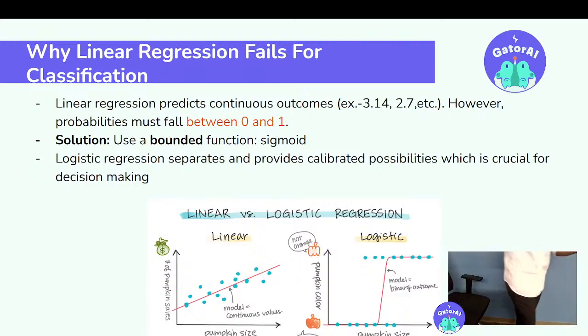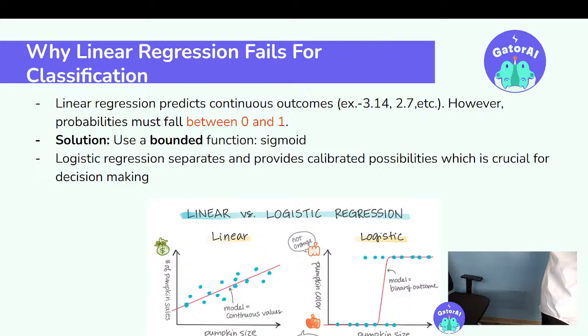It can't be outside of that. The problem with linear regression is essentially that the outputs you're getting are unbounded. It could be over 1, it could be below 0, and that wouldn't work for our model. So this is why we need to use a bounded function.